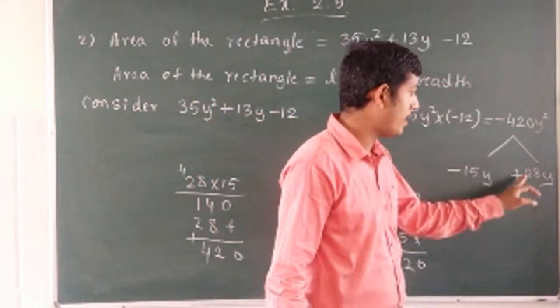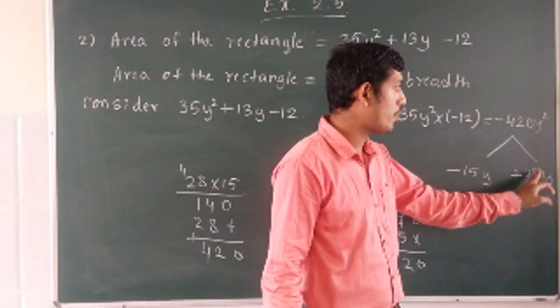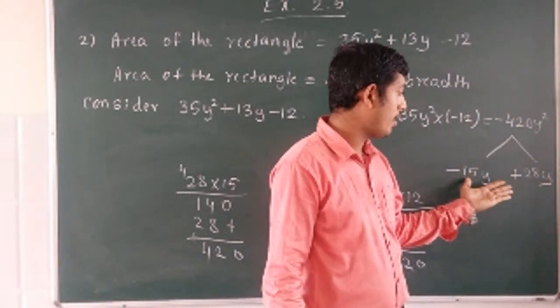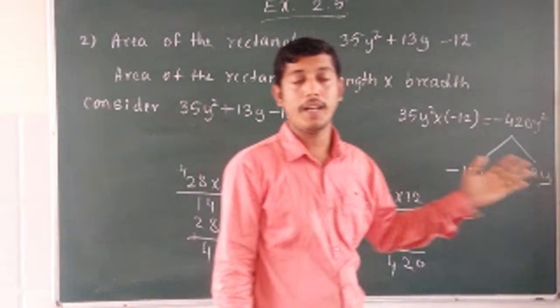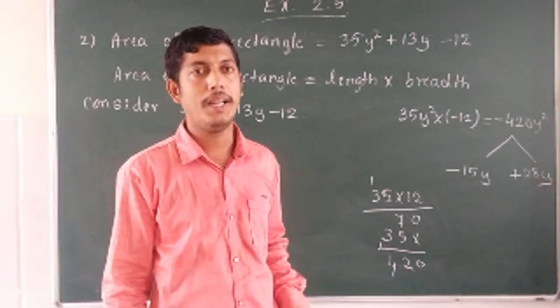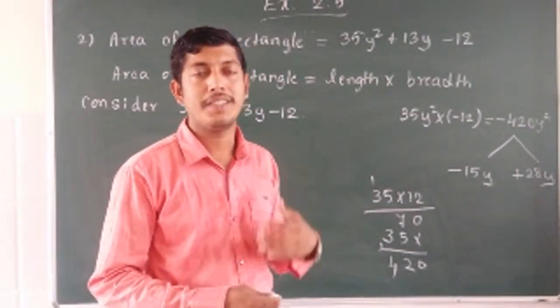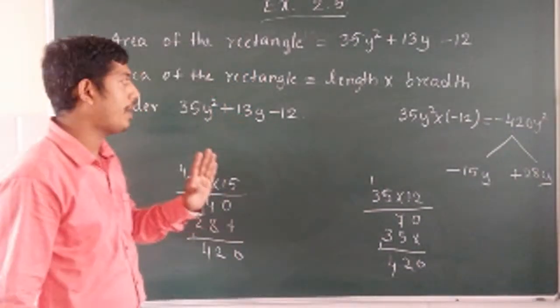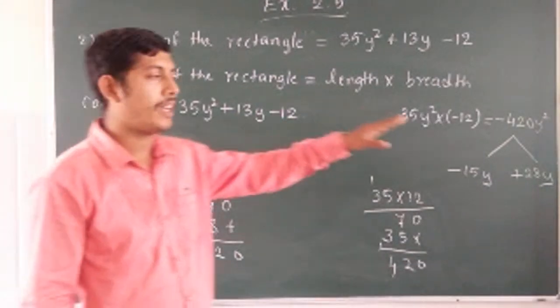So minus 15 into plus 28, it gives 420, y into y square, and minus 15y plus 28y are like terms because the variable is y, but the signs are different. One is having plus, another is having minus, therefore we have to subtract. Therefore 28 minus 15 gives 13 and the sign of the highest term is plus.